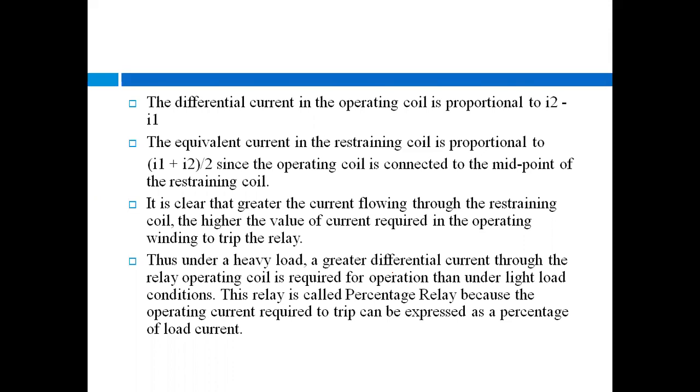Then it is clear that the greater the current flowing through the restraining coil, the higher the value of current required in the operating winding to trip the relay. Means if the restraining coil has high current, there is a spring holding the beam.